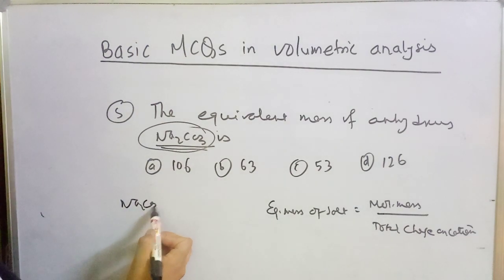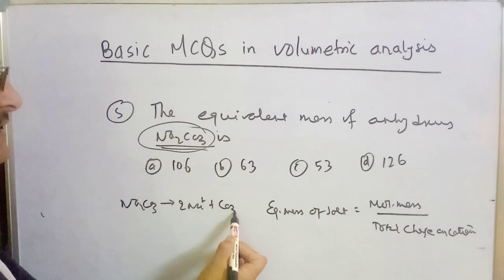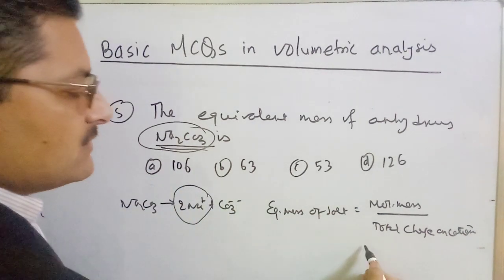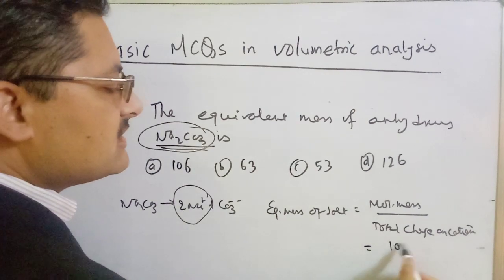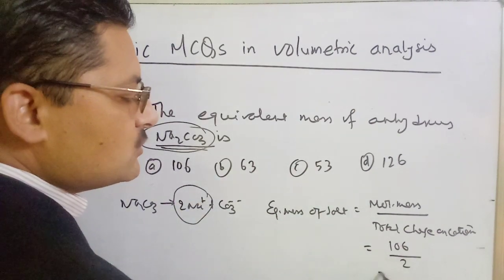Sodium carbonate ionizes to give 2 sodium plus carbonate ion, so the cation has 2 positive charges. The molecular mass of sodium carbonate is 106 and the total cationic charge is 2, so divided by 2 it is 53.